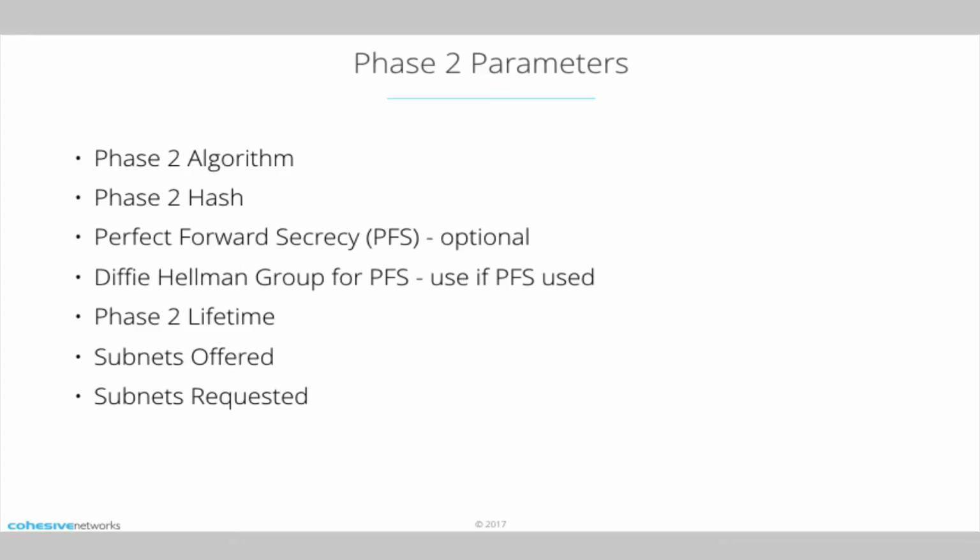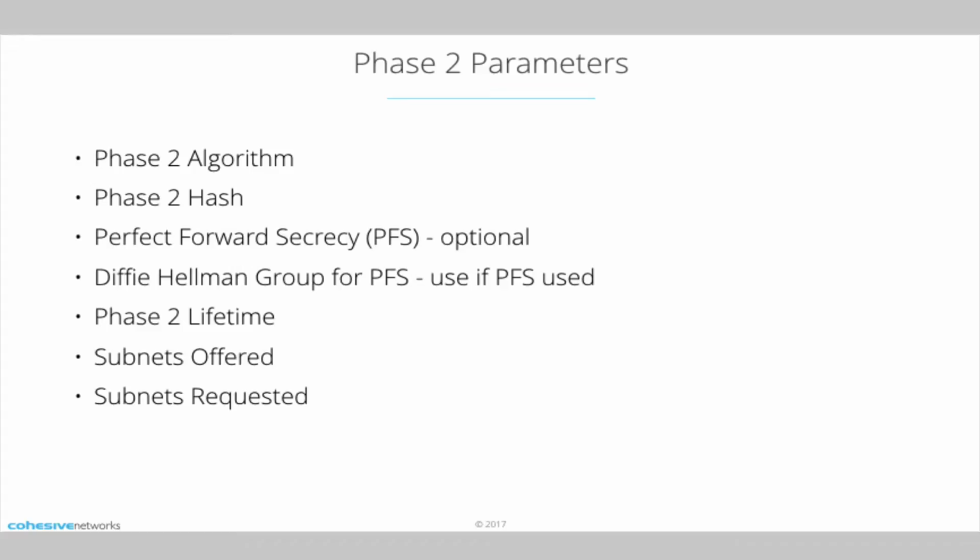Phase 2 parameters are effectively the same, slightly different in how it's done. Phase 2 doesn't use a Diffie-Hellman group, but phase 2 can be negotiated with what's called perfect forward secrecy. So you have an algorithm, you have a hash function, and then you have whether perfect forward secrecy is on or not.